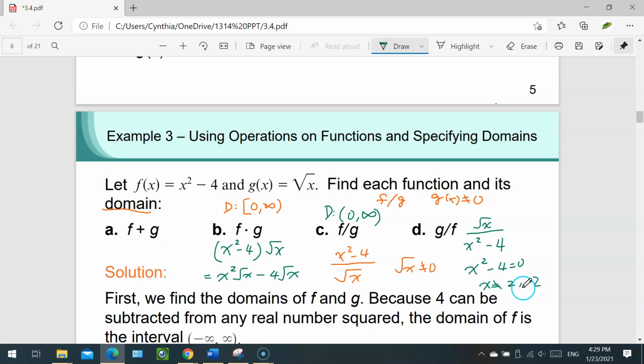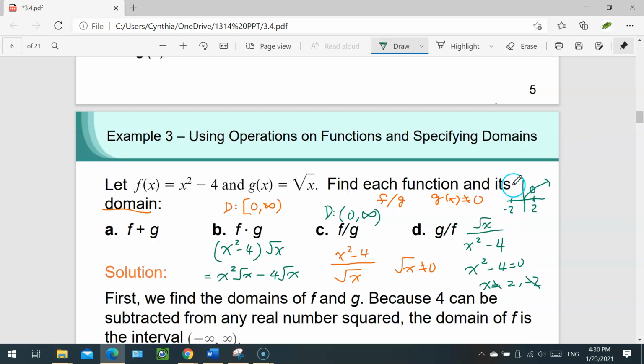These 2 points we have to avoid in order to make the function continuous. And the numerator has square root x. So the numerator again starts from bracket 0, go to infinity, right? But we cannot have the 2 occur within the domain region. So we have to avoid this point 2. Negative 2 doesn't matter because negative 2 is here, and your square root function will not touch the negative 2. So I'm not going to worry about this number.